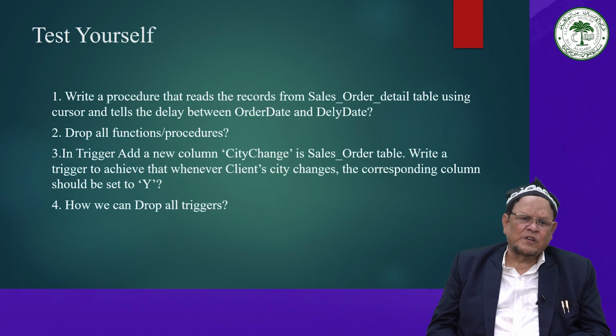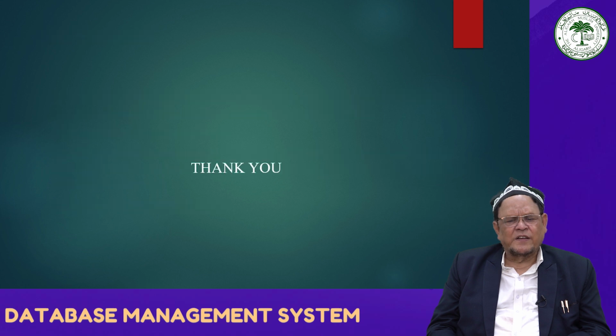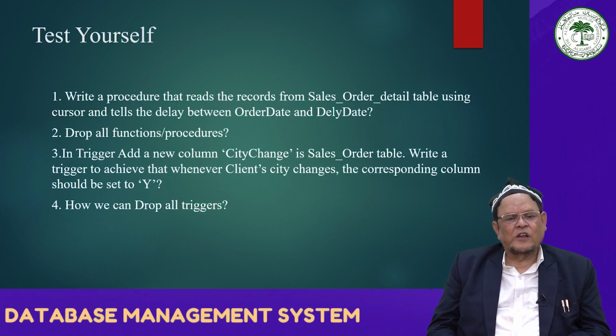The question is, write a procedure that reads the records from the sales order details table using a cursor and tells the delay between order date and delay date. The next question: drop all functions and procedures. In trigger, add a new column city change in the sales order table.